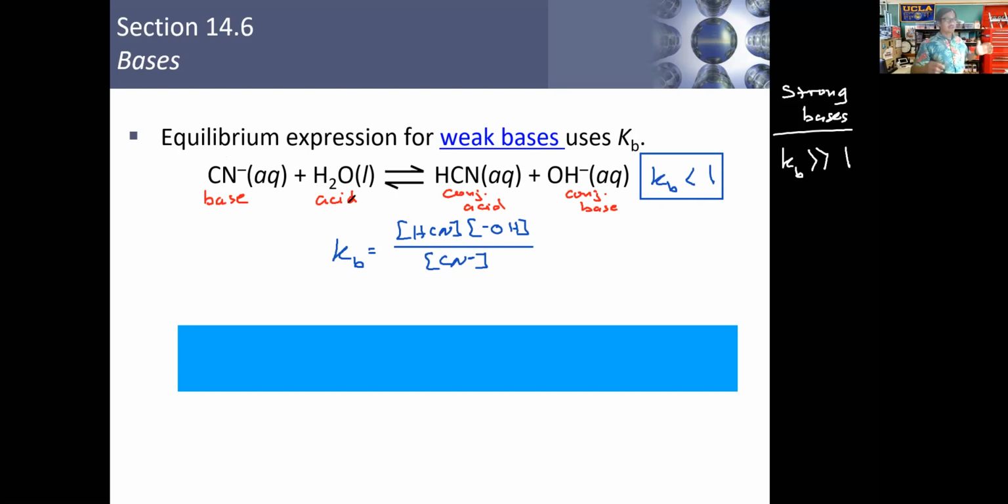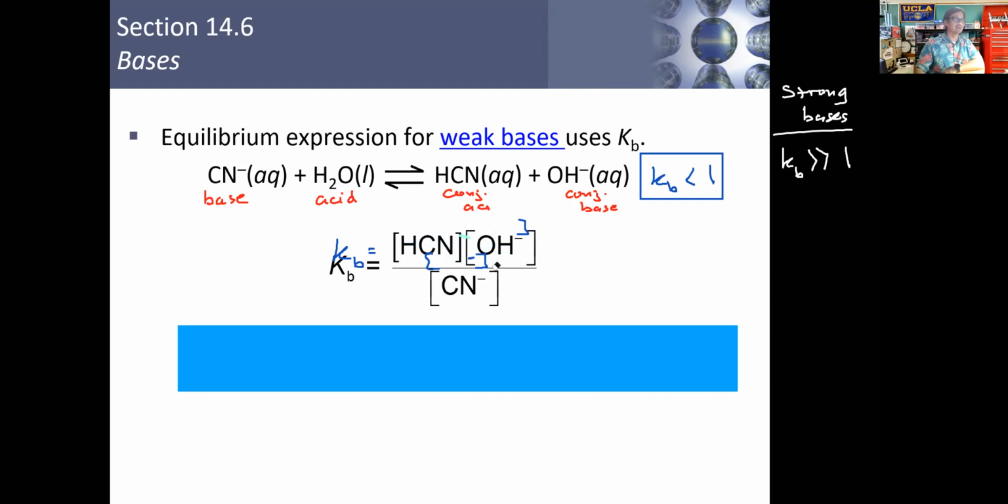All right. So with that said, that's for the specific cyanide base. Is there a general formula we can use for bases in general? There is. We can define a generic process that can be used for all bases, and it's this right here.